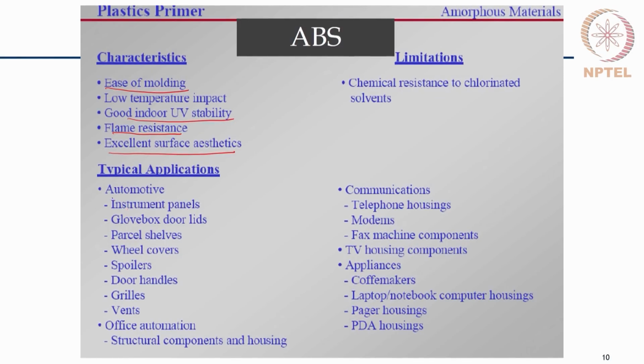This material is again used for several applications, like in the automotive domain for making several instrument panels to wheel covers, and in other applications like telephone housing and household appliances like coffee makers and so forth. In terms of limitations, the chemical resistance to chlorinated solvents is less. So, based on these considerations, one can choose the material.